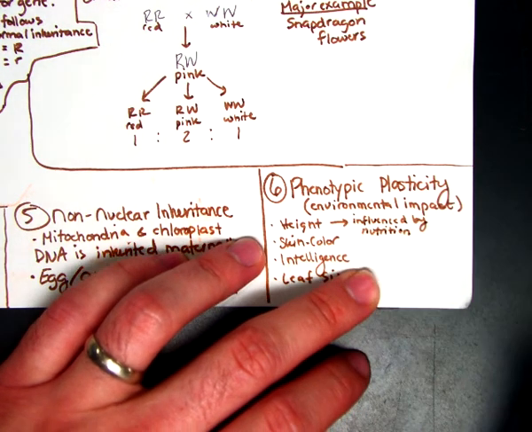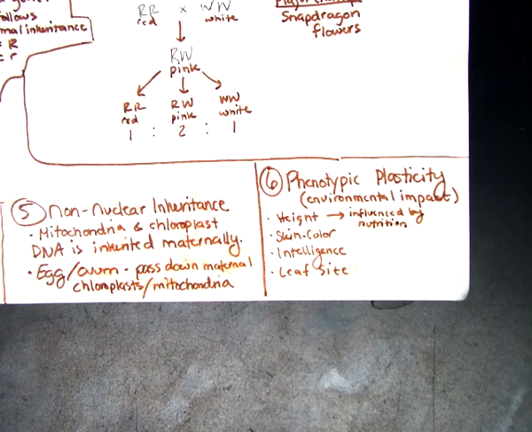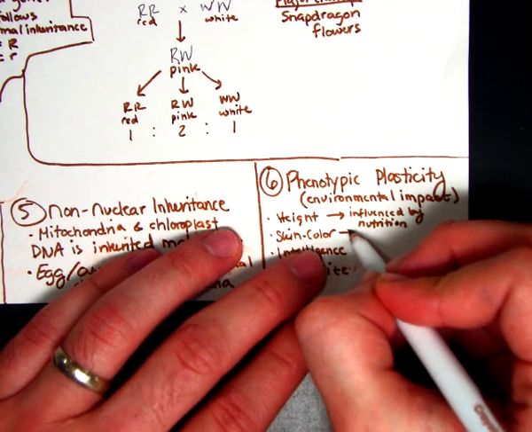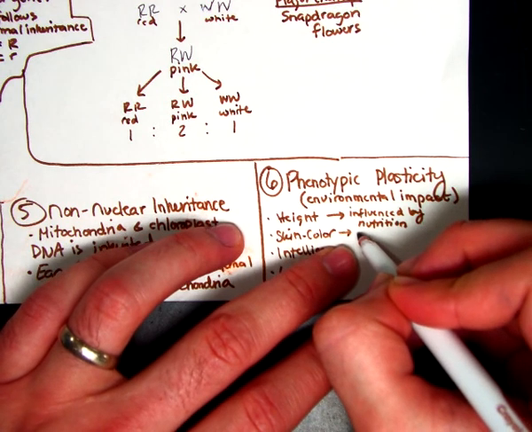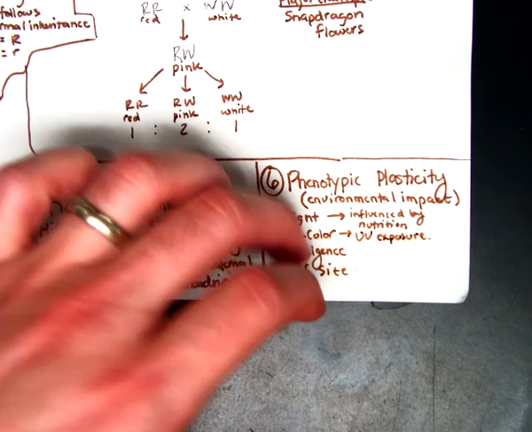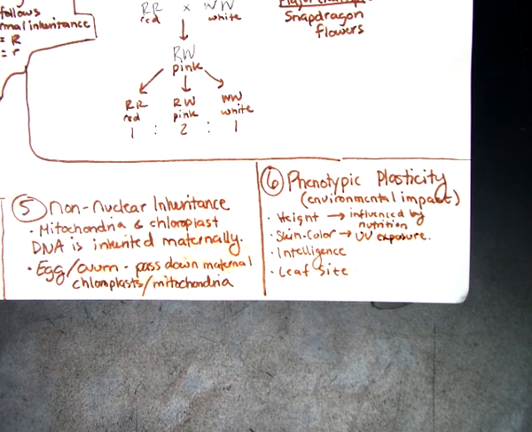There are polygenic genotypes that can affect height, but actually nutrition, what someone eats, can influence their height phenotype. It's also been shown skin color can be affected by UV exposure. Right? So you inherit certain alleles for skin color, however, UV exposure can affect the phenotype.